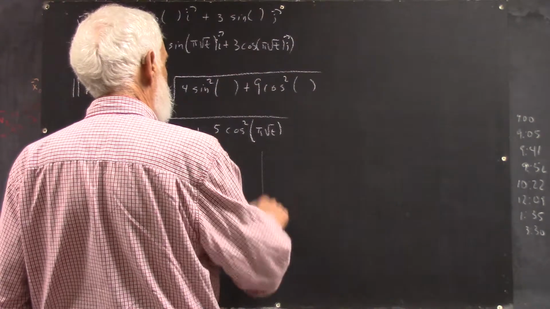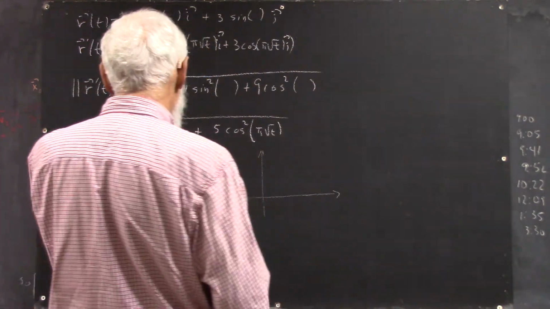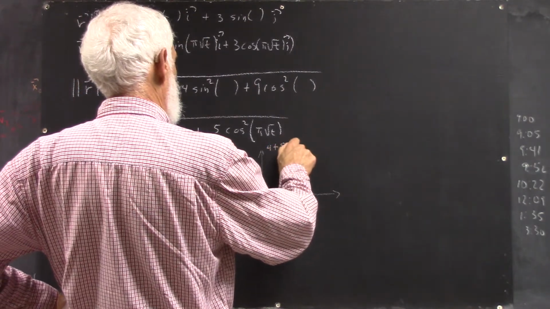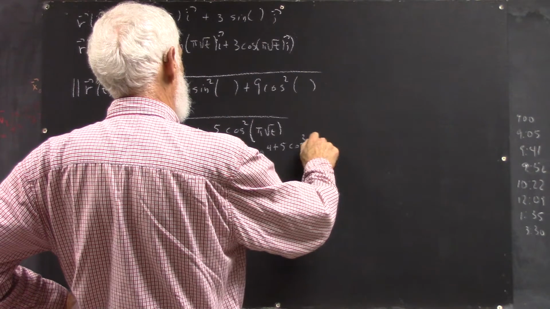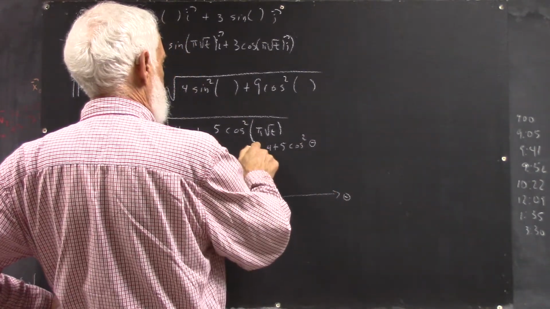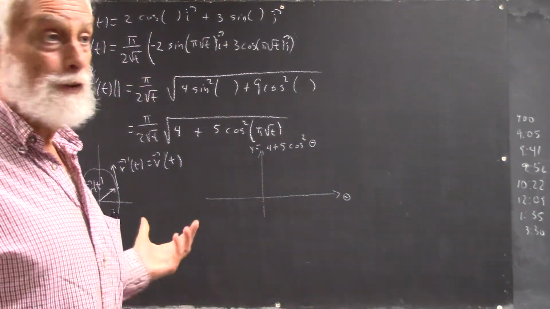It's useful to graph, let's say, y equals 4 plus 5 cosine squared theta versus theta.